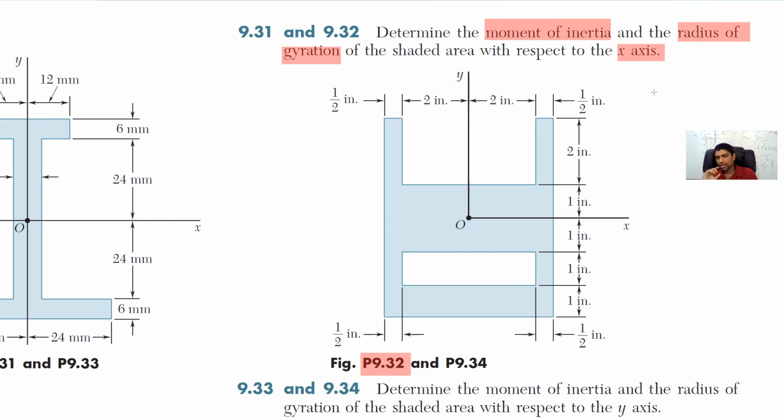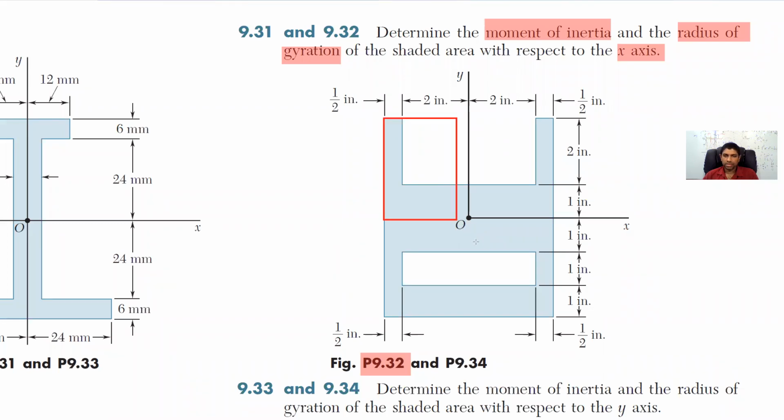So if you look at the given area, you have to use the composite method. There are different ways to handle this. Actually, I went through some of the solutions submitted by students also.